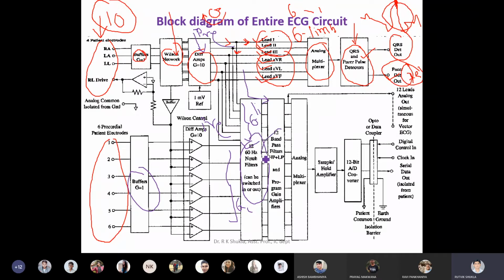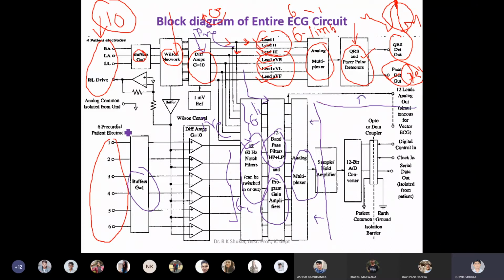After that, it goes to 12 band pass filters, that is the combination of high pass and low pass, and 12 programmable gain amplifiers. So this is your main amplifier. If you are using a 12 channel ECG machine, you require many circuitries. After that, it goes to the analog multiplexer. So till this point, on this side, everything is analog.